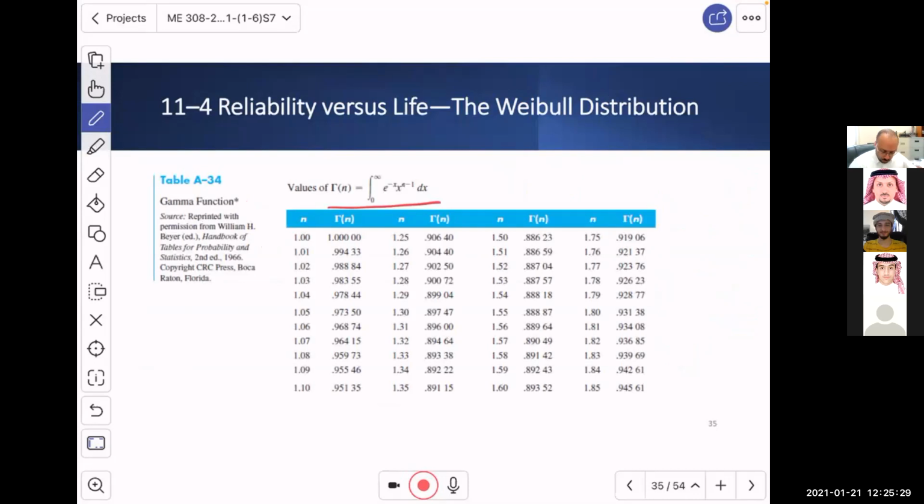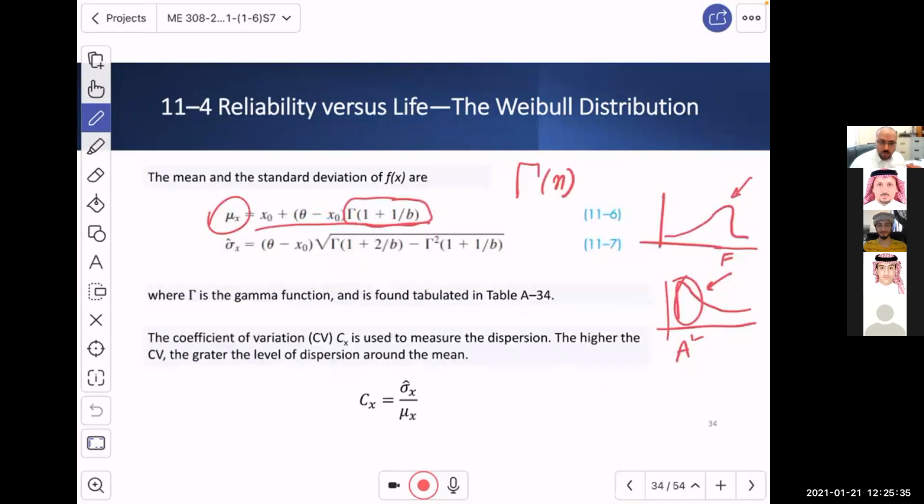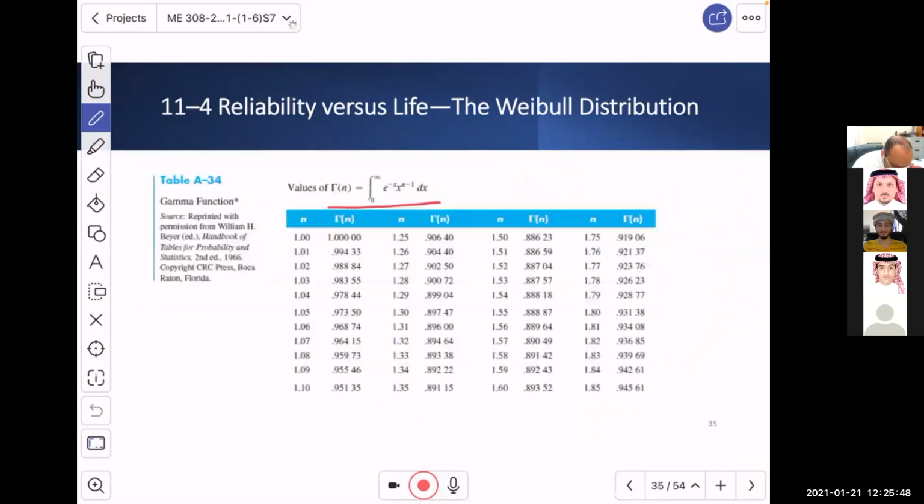So all you need to do is go: do you remember that we told you that b is in general 1.5, for example? So if you substitute 1.5 here, you go and find the corresponding value. Where is 1.5? Over there. So the gamma function is this.